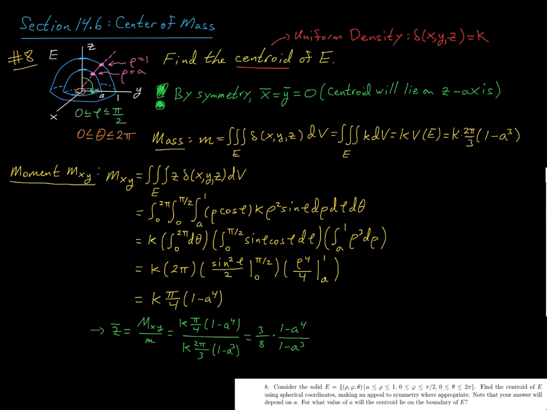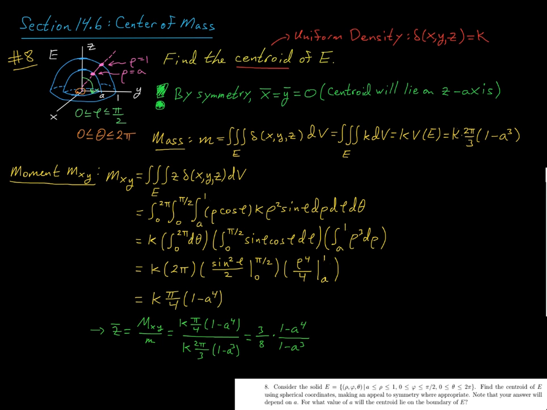And the xy moment is going to be the integral of z times our density function over our solid E. Now z in spherical coordinates is rho cosine phi. Our density is k. And our dV, our volume element in spherical, recall, is rho squared sine phi. And then we're integrating here in the order d rho, d phi, d theta. And we have our appropriate bounds there.